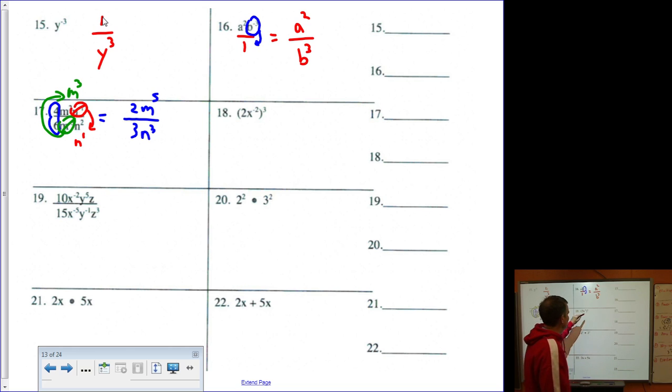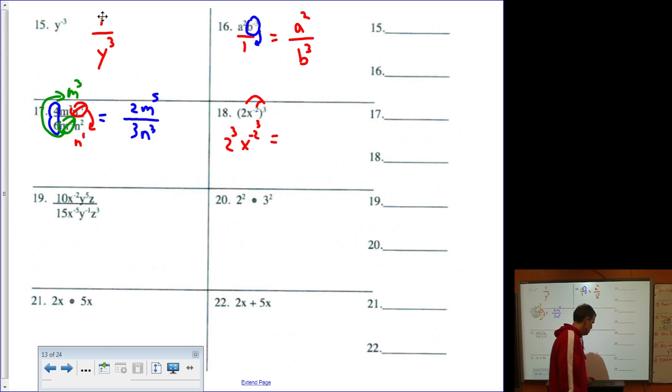In number 18, I see I have an exponent on a parenthesis, so I'm going to go ahead and apply it. That would be 2 to the third, x to the negative second to the third. When I simplify that, the 2 to the third would be 8.